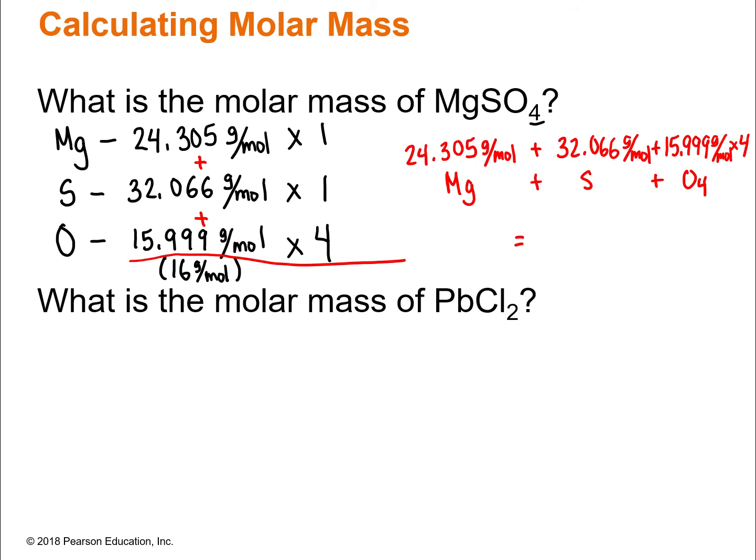When you put all that into your calculator, you're going to get something in the ballpark of 120.367 grams per mole. I'm not going to be too much of a stickler for significant figures when you're doing molar mass. But mastering chemistry might be a little bit more. So just keep that in mind.